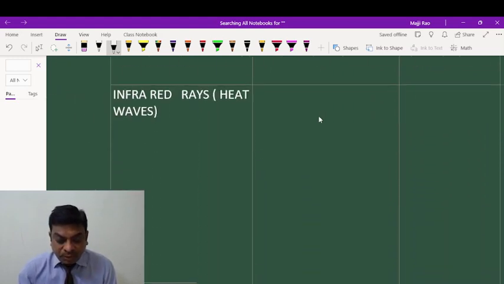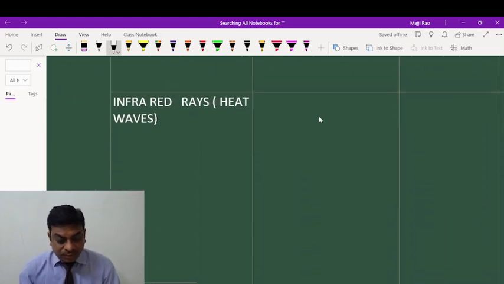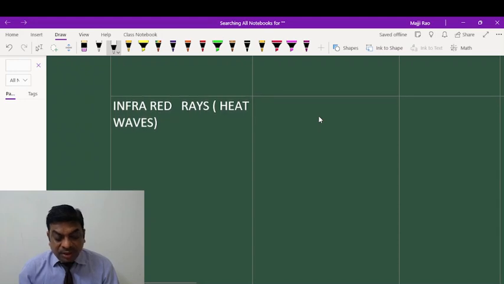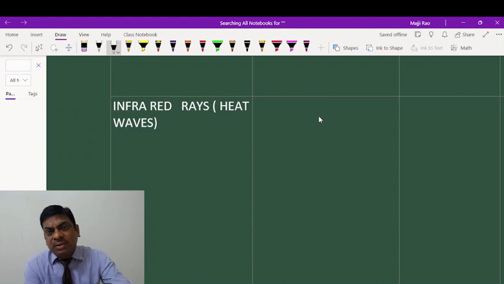Then moving on to the next topic, which is infrared radiation. Now, students, infrared radiation we all are aware of right from early childhood. We commonly call them heat waves. For example, when you stand in front of a stove or a hearth or a furnace, you can feel the warmth.